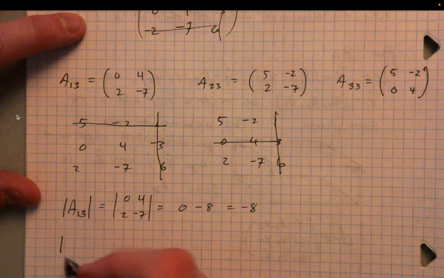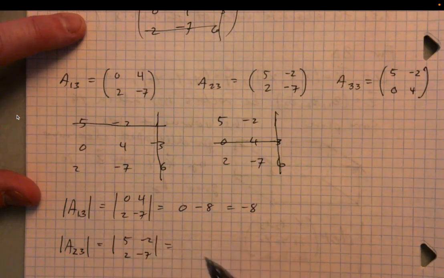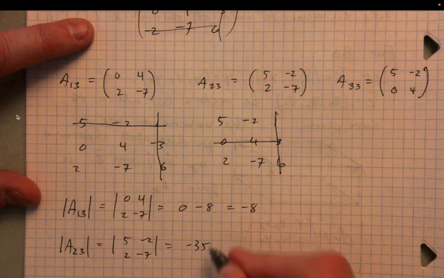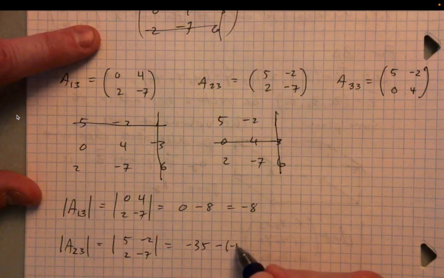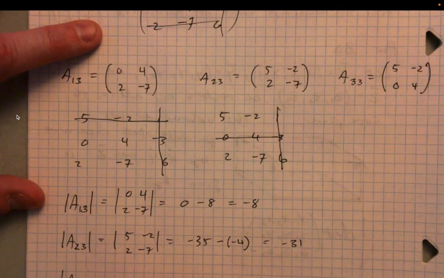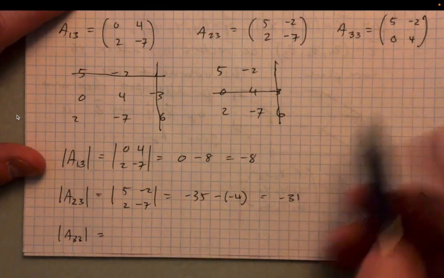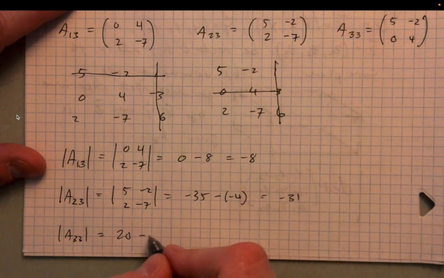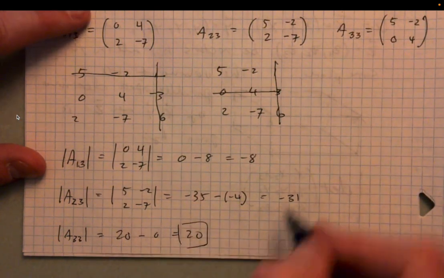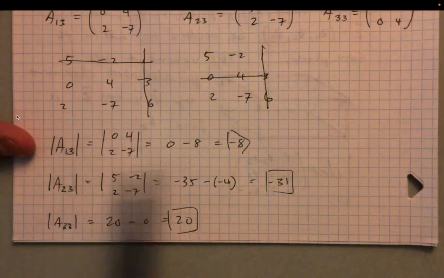Then the A23 minor is going to be the determinant of this, so 5, -2, 2, -7, and that's going to be -35 minus -4, so that's -35 plus 4, so -31, right? Similarly, the A33 minor is going to be the determinant of this guy, so it's 20 minus 0. Okay, so you've got the submatrix, and you've got the minor, which is the determinant of the submatrix.